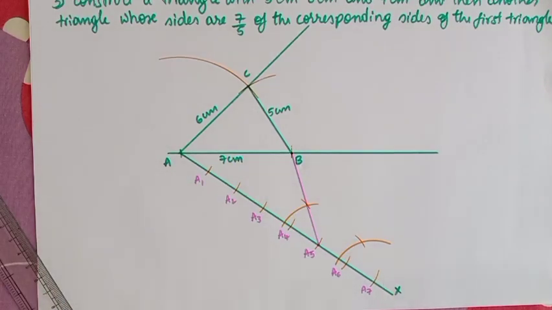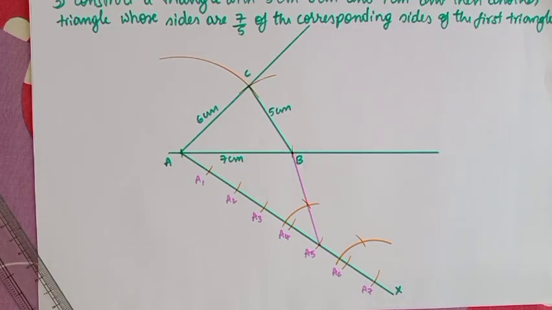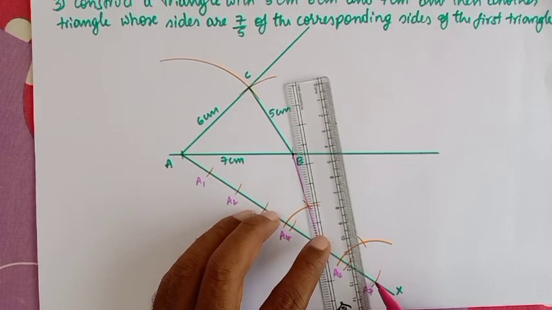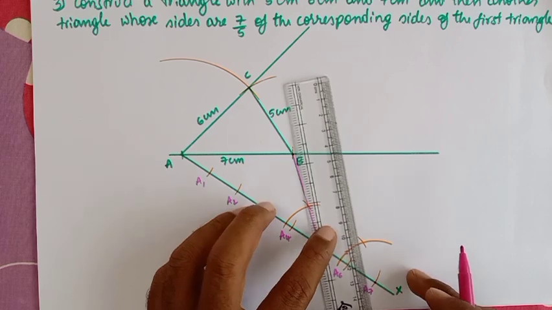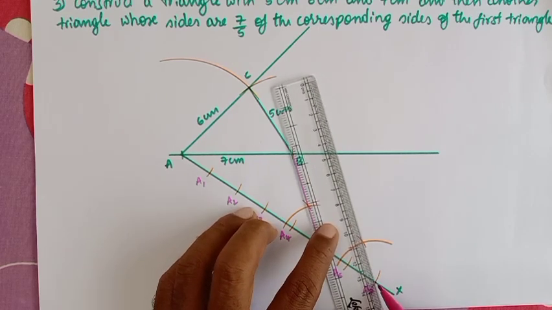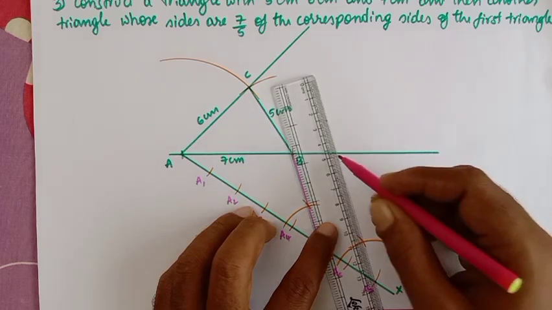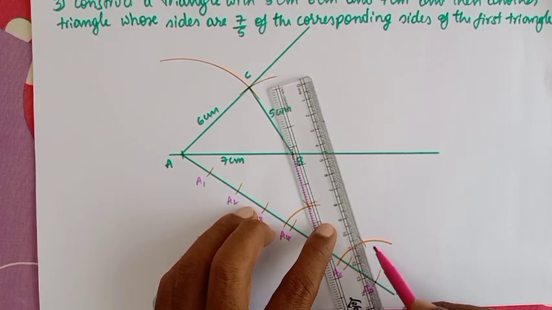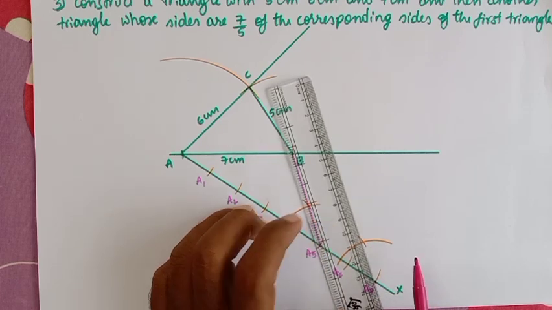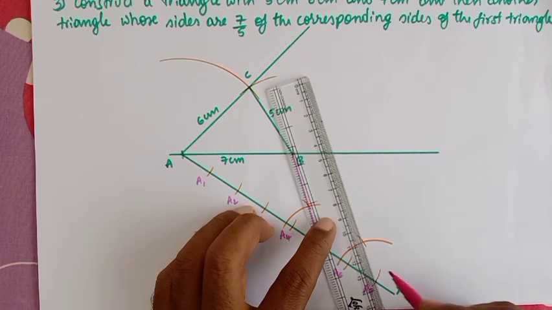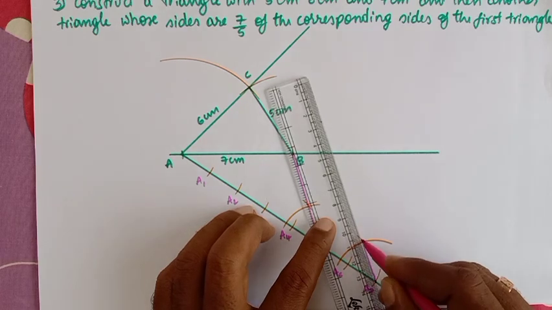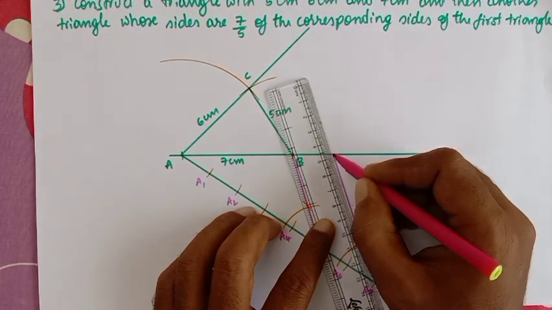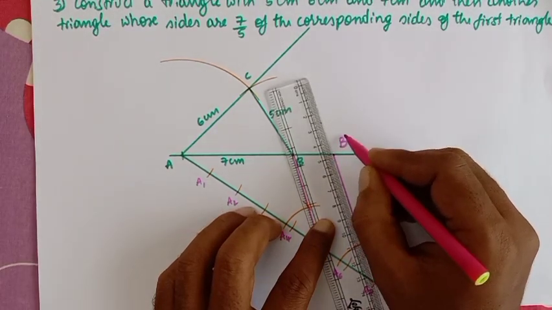Likewise here also we have drawn an arc, and then afterwards we should draw a line from A7 to the line here through the point of intersection of the two arcs, to the line AB, and let me name this point as B dash.